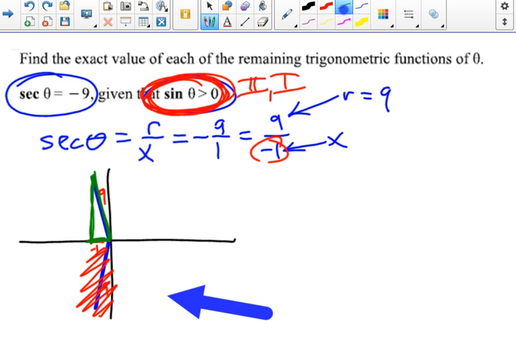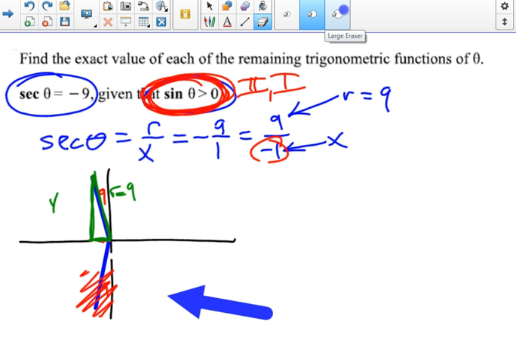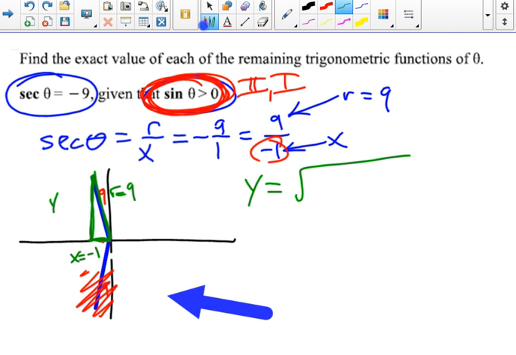So I have y, which I have to find, r, which is 9, and an x, which is negative 1. The y is just going to be the square root of 9 squared minus negative 1 squared. That's 81 minus 1, which is 80. So y is the square root of 80.